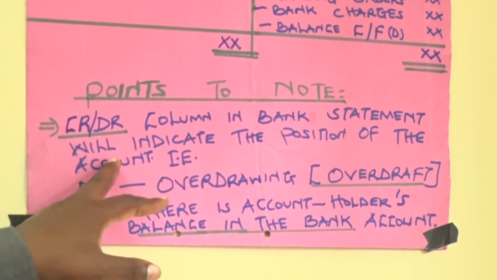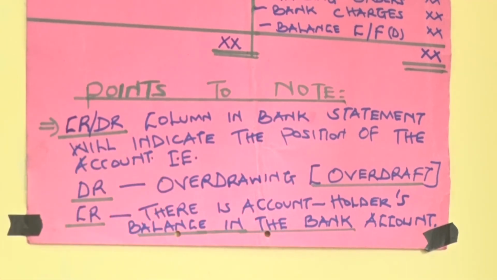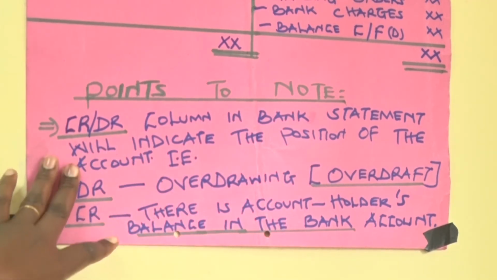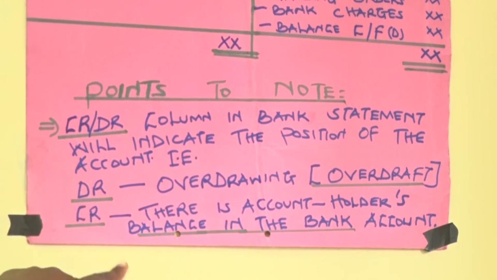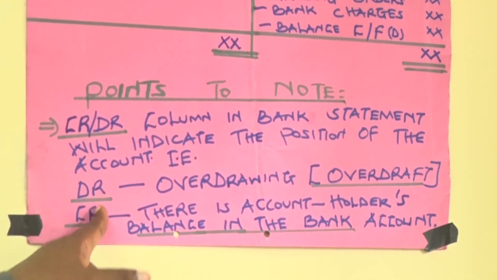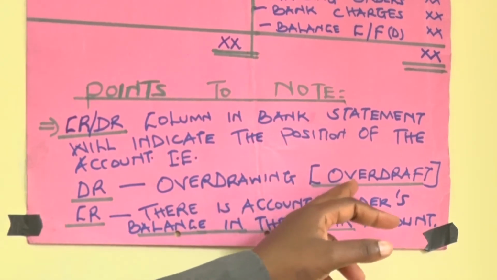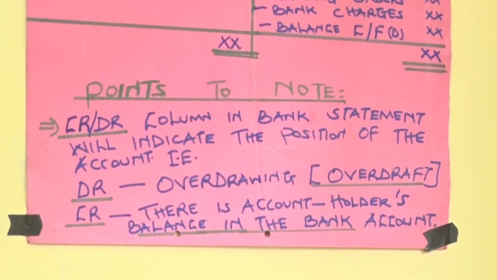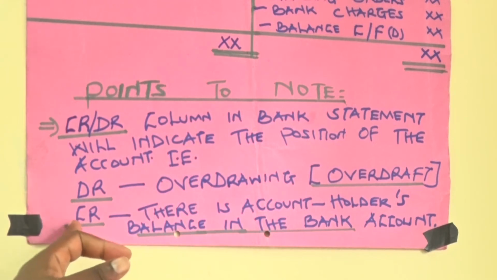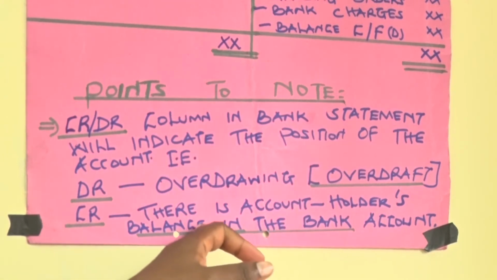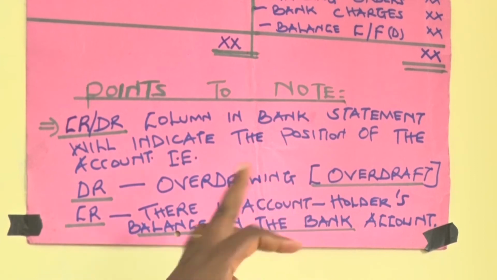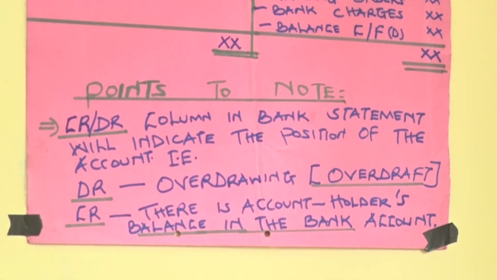Then debit will indicate a negative position, meaning you have an overdraft. So that's why I say DR means overdrawing or overdraft. You have overdrawn your account. CR means that the holder has a balance in the bank account.